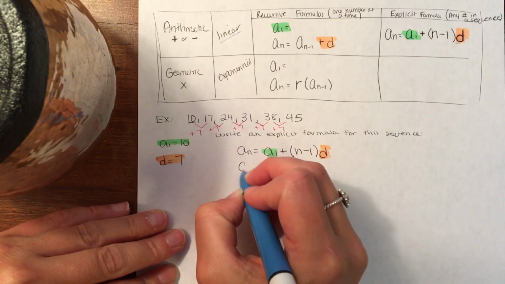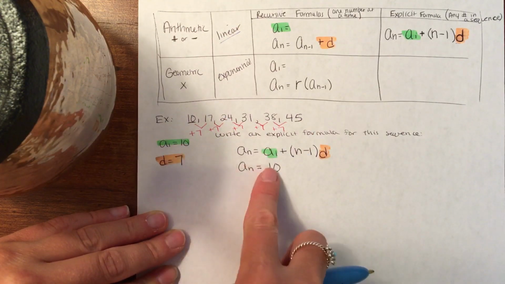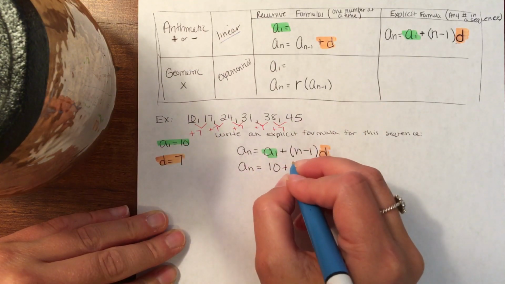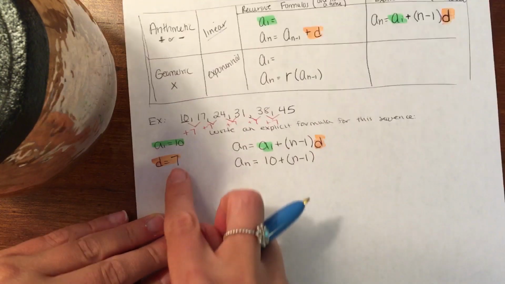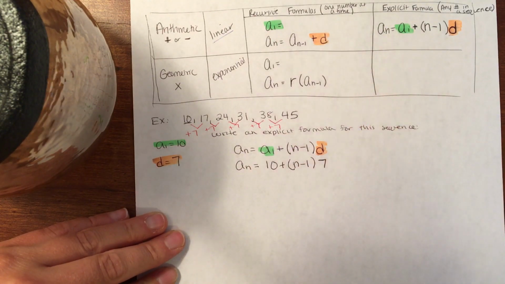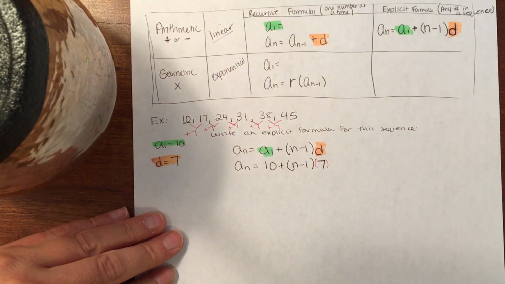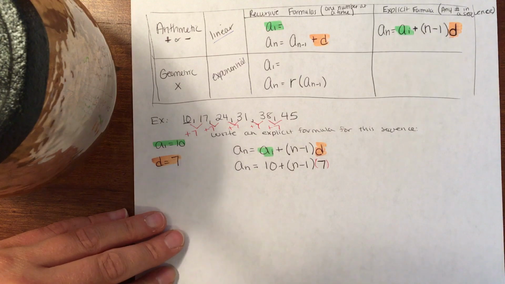So A of n, any number in the sequence, is equal to 10. That's what I plugged in, 10 for A1, plus the n minus 1 drops, and I'm plugging in 7 for D. You can plug it in like this. You can also put it in parentheses so that you know you're multiplying. Either or works for this one, okay?